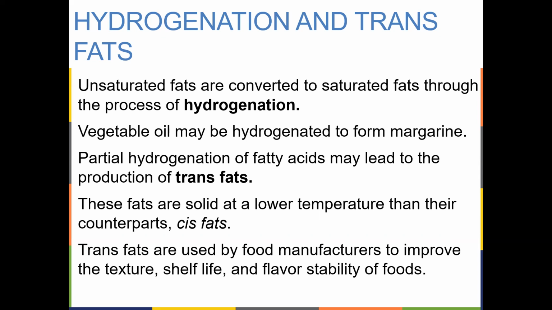If you've ever seen Crisco shortening, Crisco is an alternative to using lard for baking. Crisco shortening is nothing but corn oil that has been hydrogenated. The corn oil has had hydrogens added to it. The double bonds are broken, and we now get a solid.